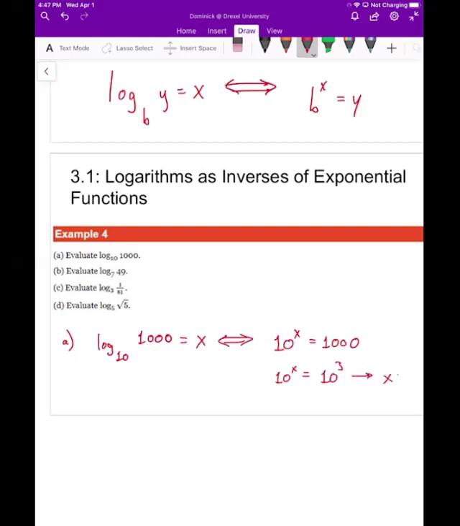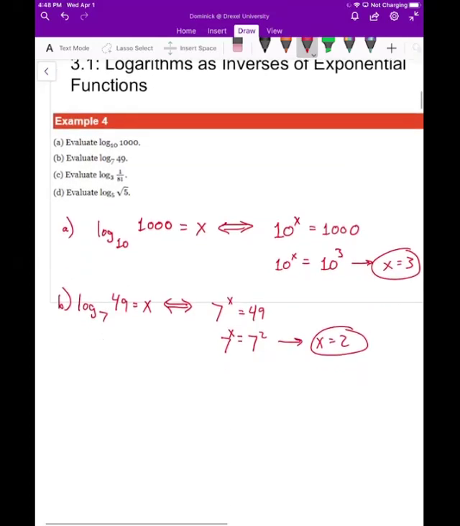So that means that x is equal to 3. Okay. Part B, we have log base 7 of 49. We'll again say that that's equal to x. So 7 to the x is 49. And of course, 49, we can write as 7 squared. So this means that x is equal to 2.